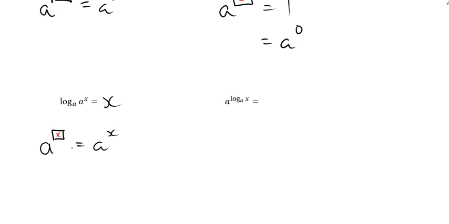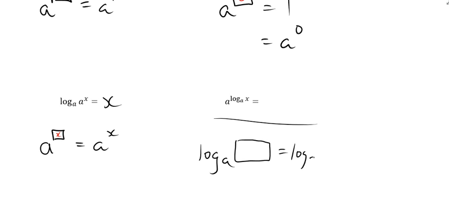Okay, next one's already in exponential form, so I'm going to rewrite it in logarithmic form. That would be, don't change the base, log base a of something equals log a of x.